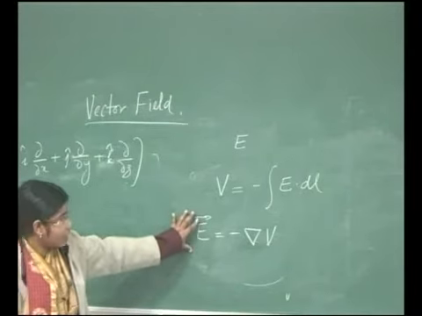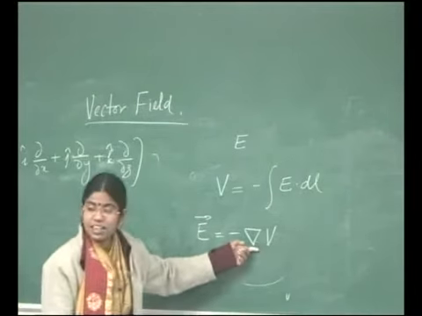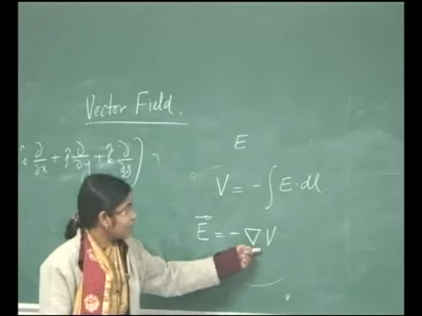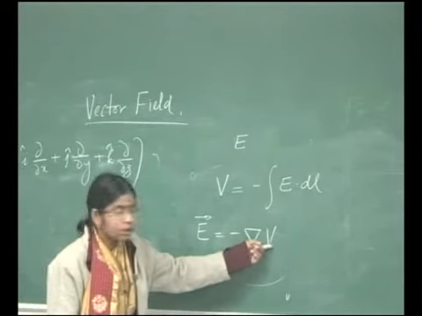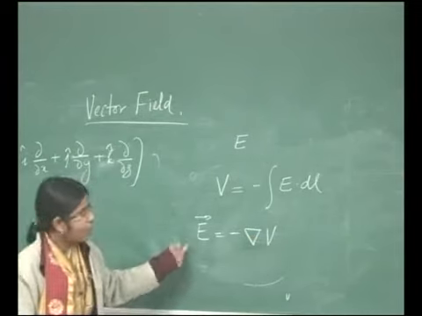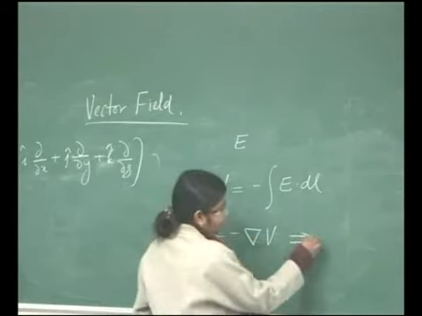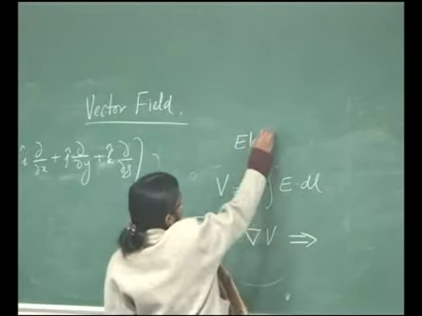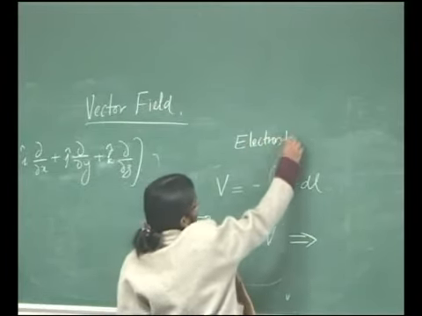It looks like it, because as far as electrostatics is concerned, the moment I apply the del operator on the scalar potential, I get the electric field. And this is for the case of electrostatic potentials.